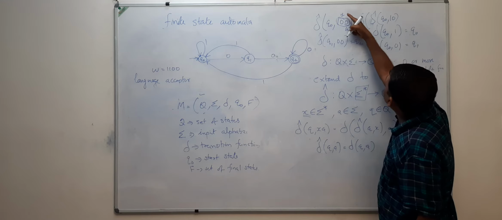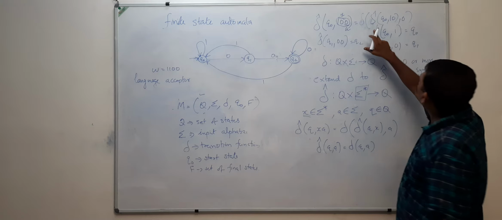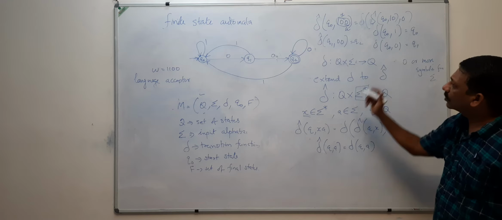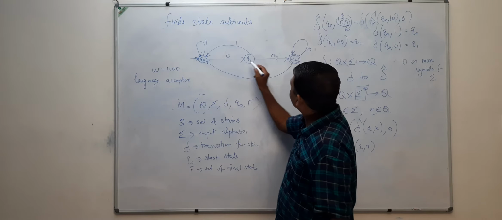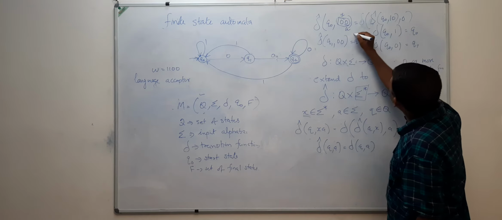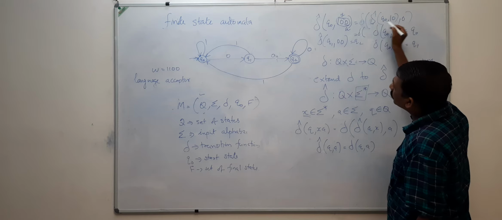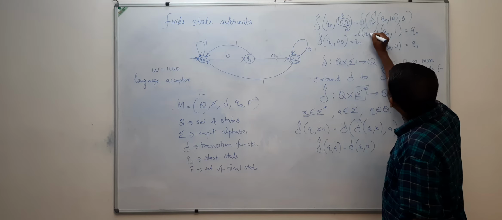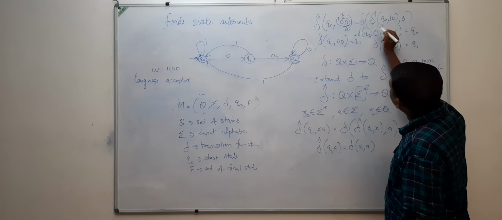What is x? 10, comma 0. What is delta cap of Q0 on 10? It is Q1. That means this is delta of Q1, comma 0.